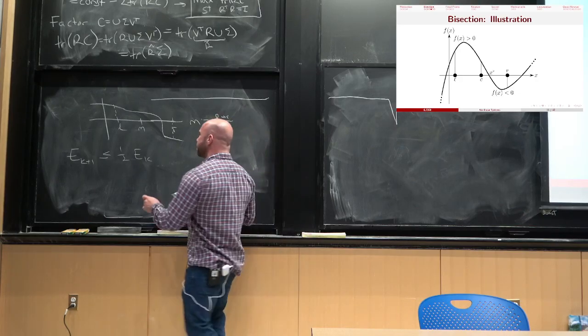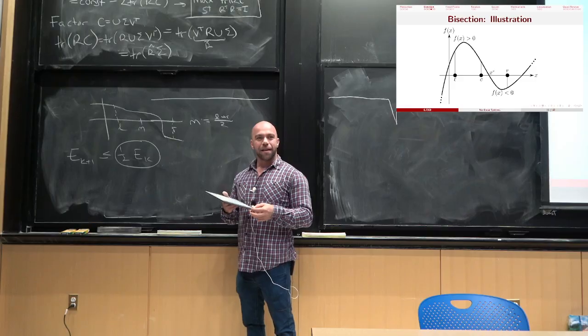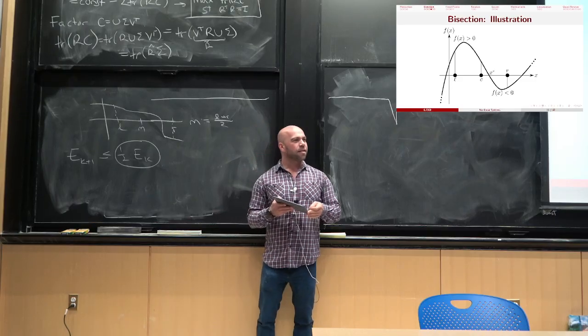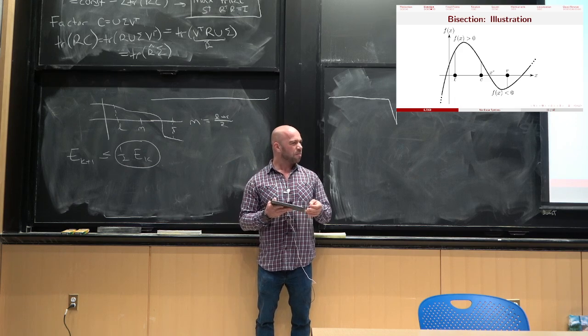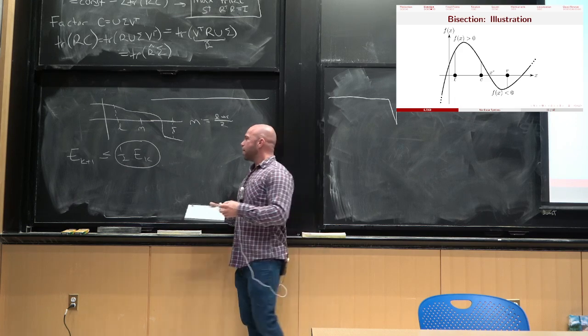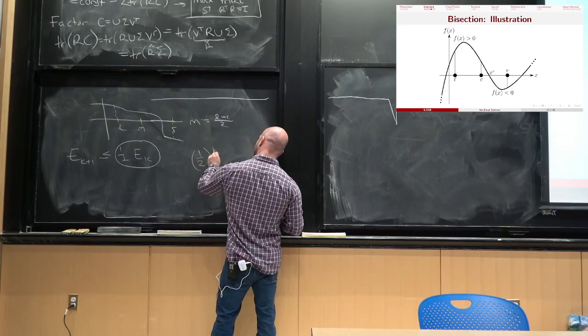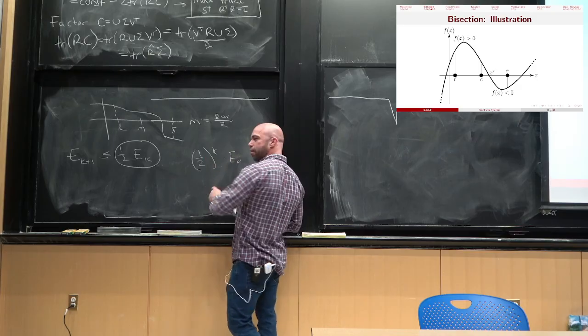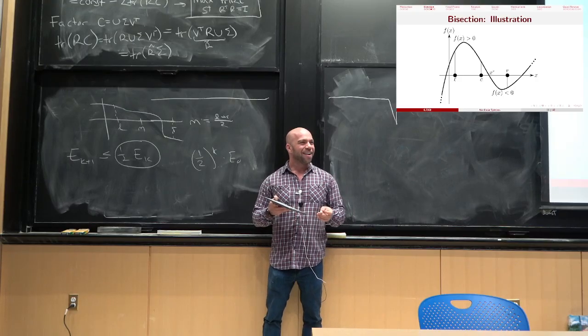So what does this mean? This means essentially the phrase that we use a lot in numerical analysis, which I think is hard to think about the first time around. Notice what that means is that really I have 1/2 to the k times the initial error of my interval, right? I think we can all agree on this.